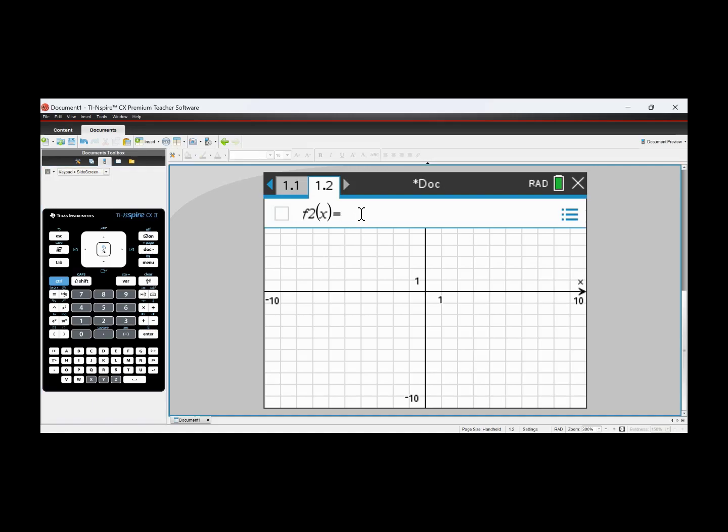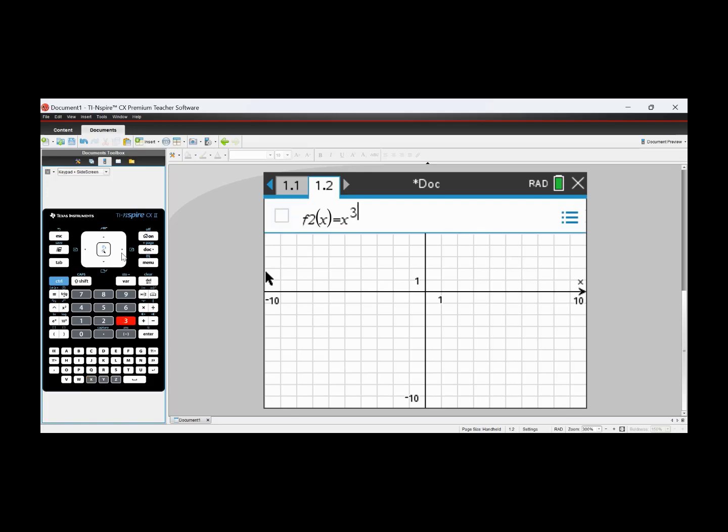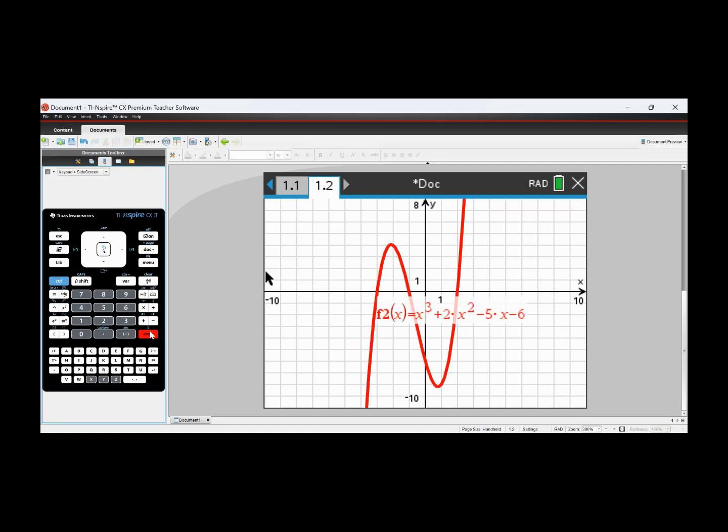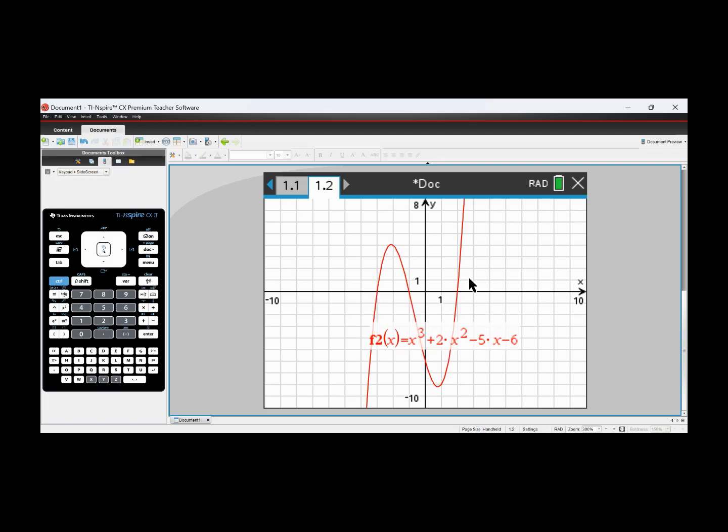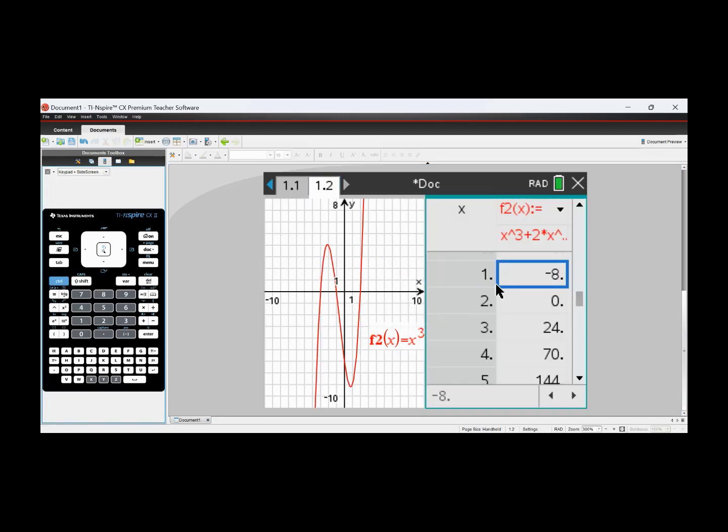This time my function is x raised to the 3rd, get out of your exponent, plus 2x squared minus 5x minus 6, and hit Enter. There's your graph. Don't forget the arrows. Hit Control T. You can see your points that you need to plot. So you want to plot those points and get a nice graph.